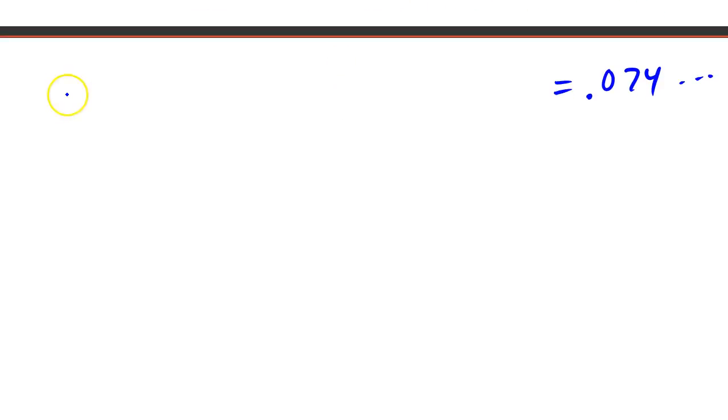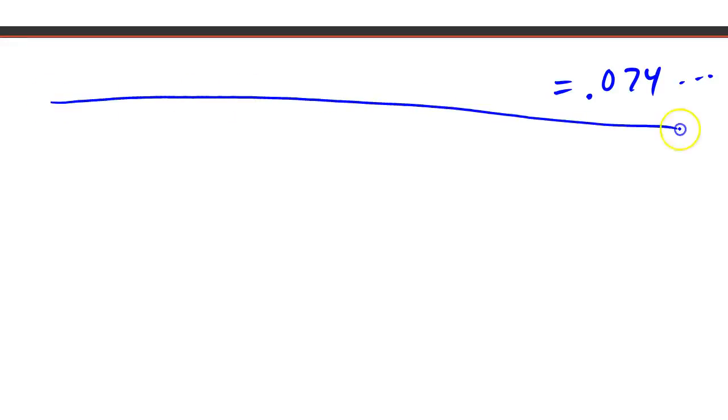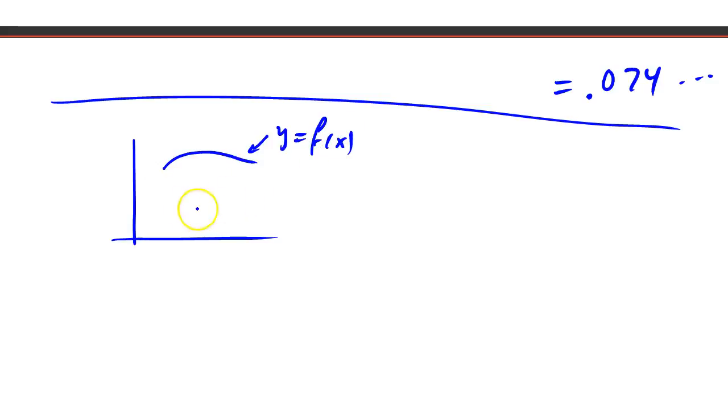Now I want to take a look at how this relates, because suddenly I've got centroids and volumes of revolution being tied together, and I already noticed a relationship. So let's cement that in here. Let's say I've got a region bounded on the top by y equals f of x and on the bottom by y equals g of x, from a to b, and let's rotate this around the x-axis.